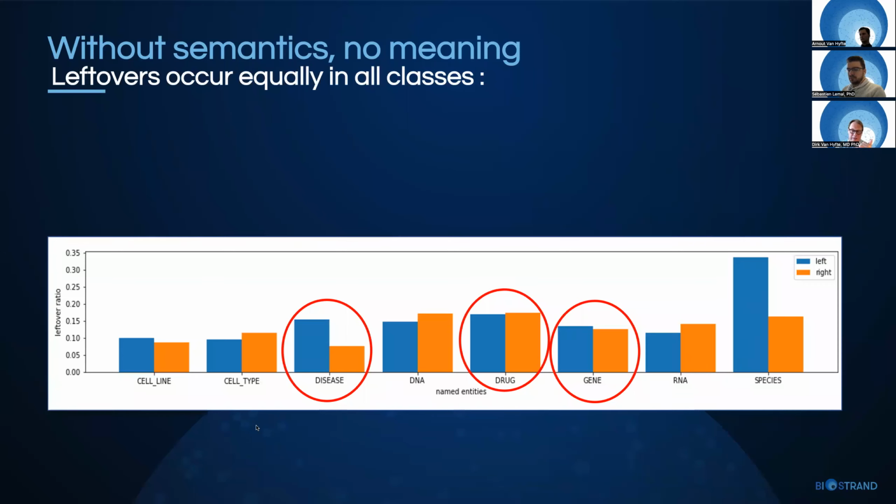In blue, on the left side of that word group, we have some leftovers, so parts of that concept that are not tagged. But also on the right side, in orange, a part of that concept is not tagged.